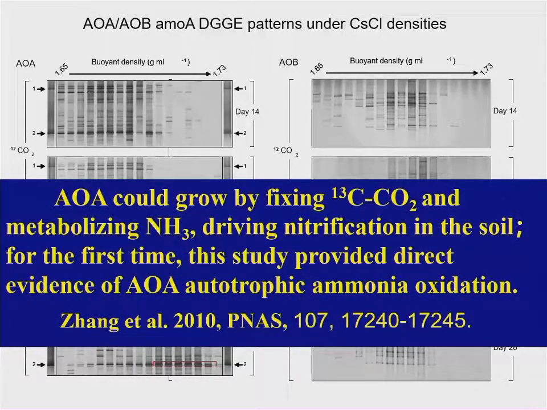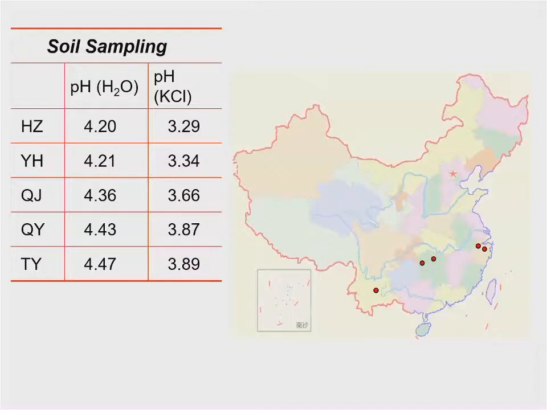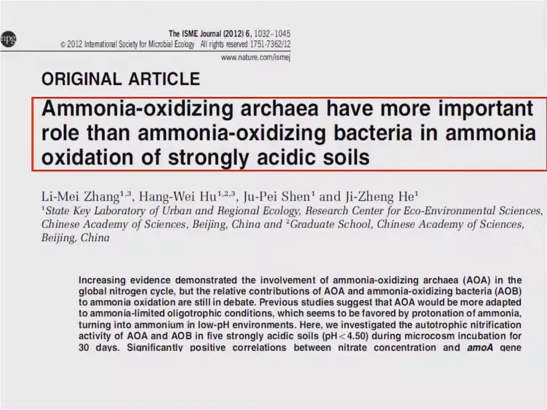So we developed this method and published it in PNAS in 2010. This is a very good method to track which microbes are playing their role. So we extended this method to many acidic soils. All these soils are pH below 4.5. So we can find that ammonia oxidizing archaea have a more important role than ammonia oxidizing bacteria in strongly acidic soil.